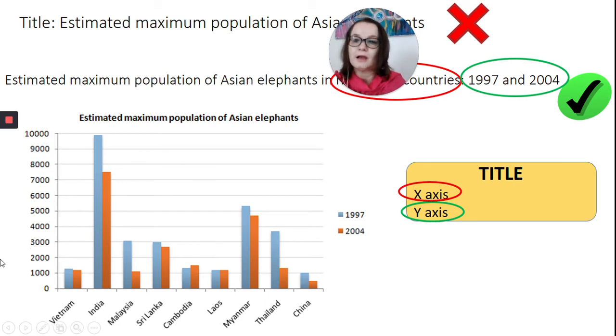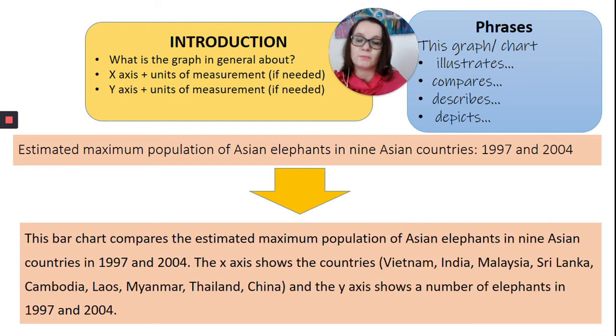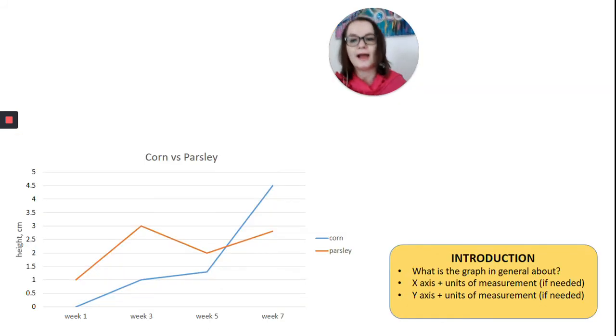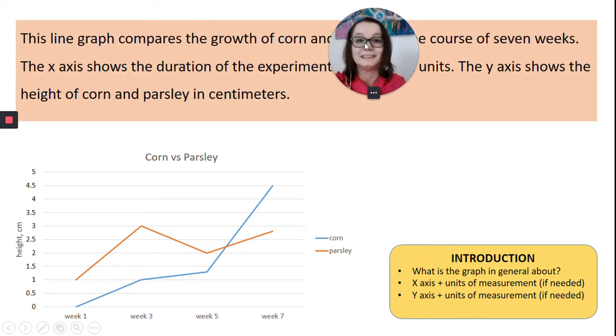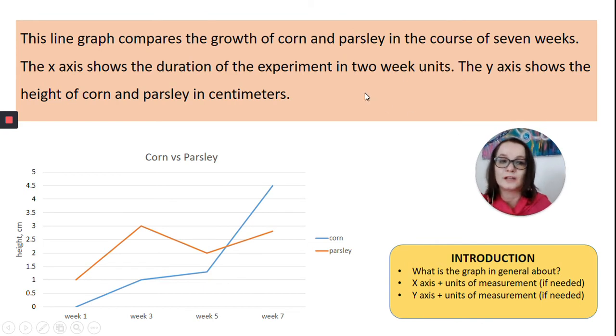So we have here a line graph, and that's what the introduction for this line graph would look like. Well, you can say the line graph compares, and what it compares in general. Again, we would look at the title, and it would be very similar to the title. And then when we talk about the x-axis, what does it show?